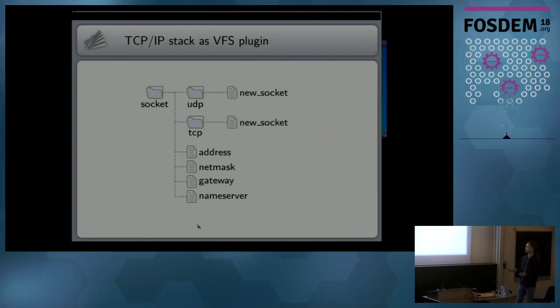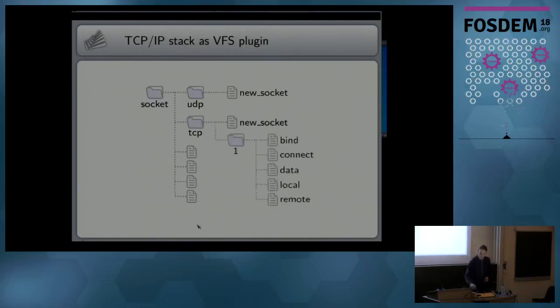So you can read out your gateway, your netmask, your address, and so on. You can also create new sockets by going into the TCP directory, for example, and reading from new socket. What you get there is the name of the socket.